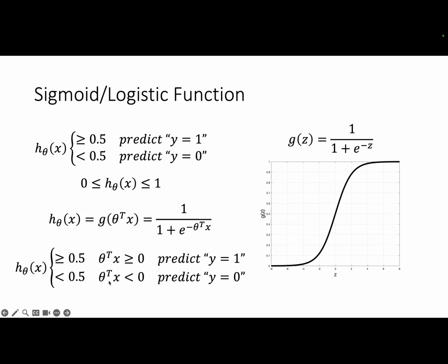So basically, when the hypothesis is less than 0.5, or theta transpose of x is less than 0, then the output is 0. When theta transpose of x is greater than 0, then the output is 1. Okay?